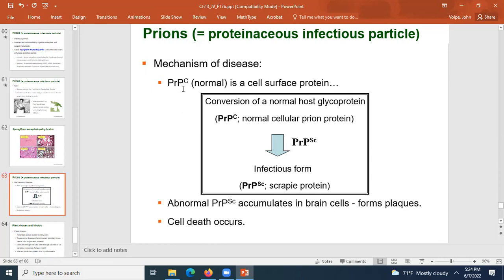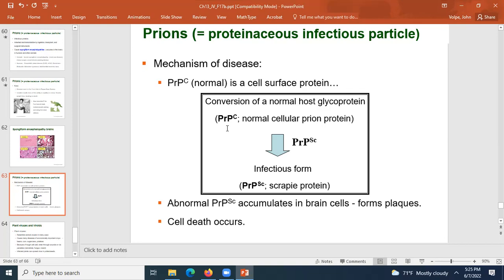And then the prion form of the protein, which is PrP superscript Sc, is the prion form of the protein, and it has the same amino acids as the PrP superscript C, meaning the normal form of the protein. So it is the same protein. The only difference is the folding pattern of the protein.